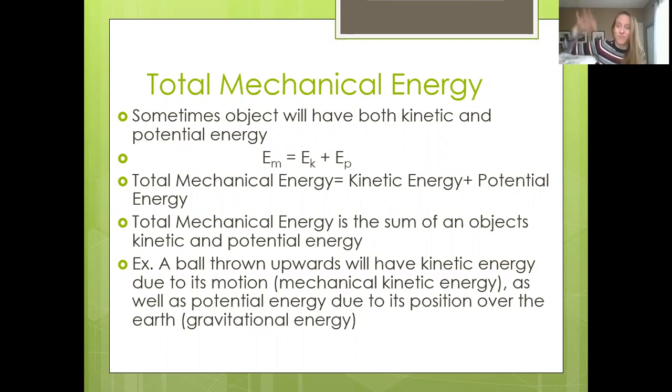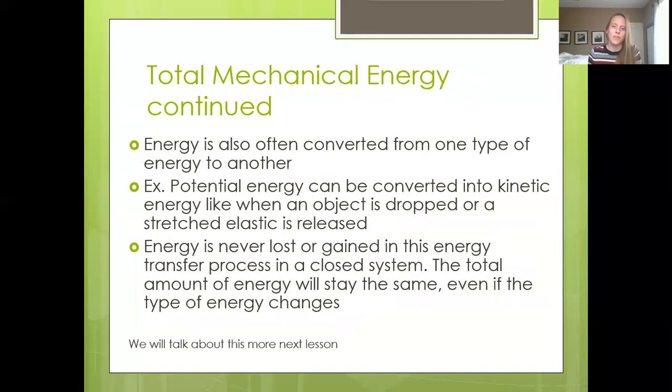Same with anything that's falling. Anytime something is falling, it has kinetic energy as it moves downwards, and it has the potential energy of whatever its height above ground is. Usually energy is constantly being converted from one type of energy to another. For example, kinetic energy being converted to potential or potential energy being converted to kinetic.